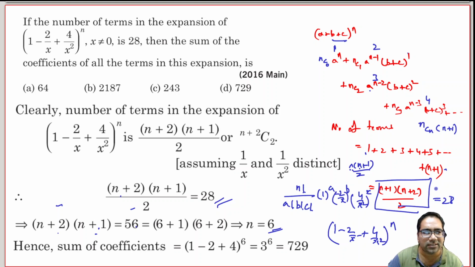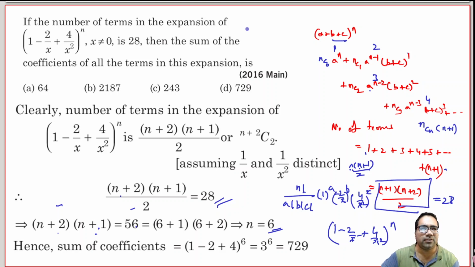So when we make x equal to 1, the sum of all coefficients will be equal to the value of this expression, (1 minus 2 by 1 plus 4 by 1) whole power n.